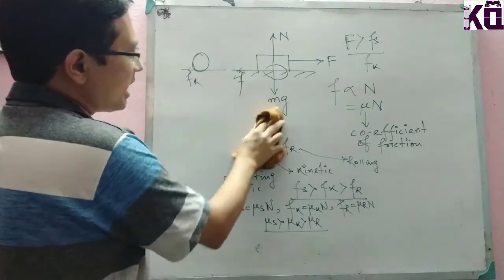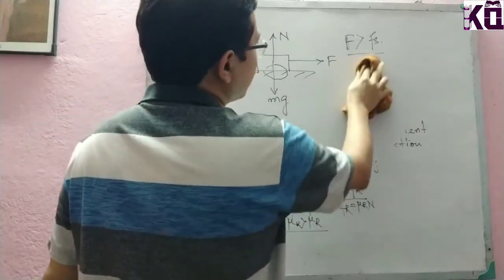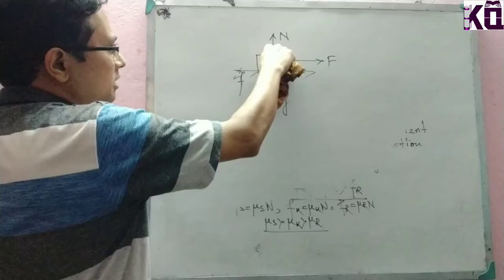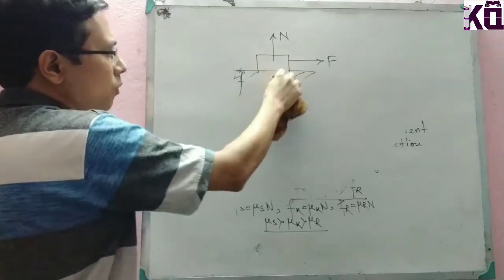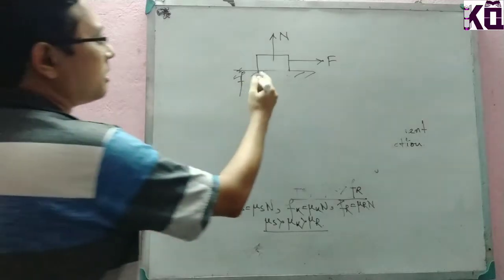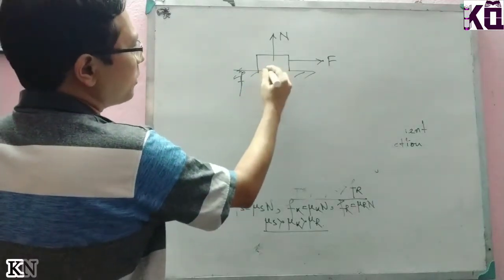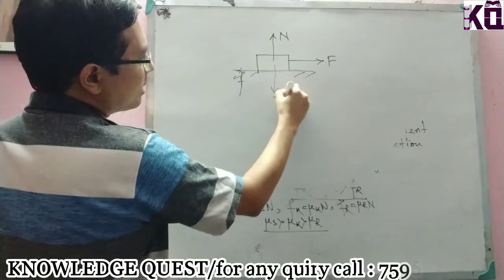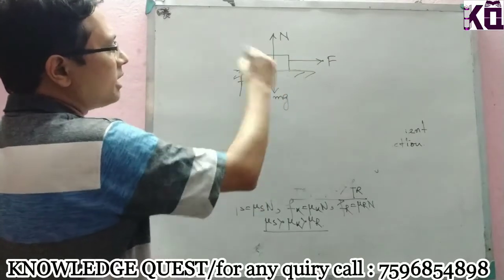Now there is another part. We have already identified the force, and there is the weight acting in the downward direction. Now there is the aim.